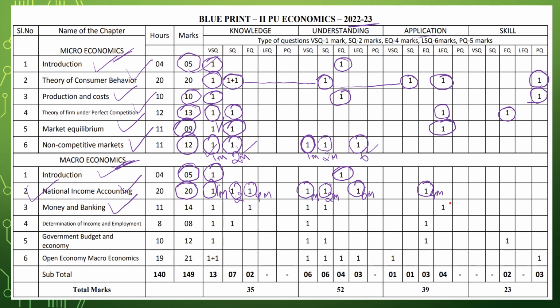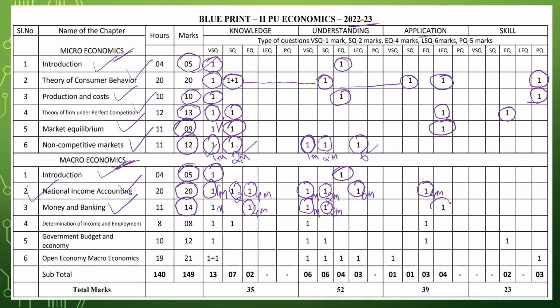Come to money and banking. If we study money and banking, under this chapter, the marks allotted is 14. And from this chapter, one 1-mark question and one 4-mark question will be asked. Again, under understanding in the same chapter, one 1-mark question and one 2-mark question will be asked.